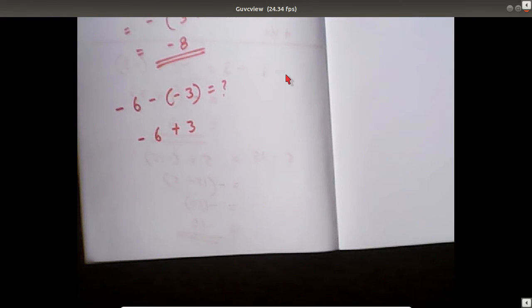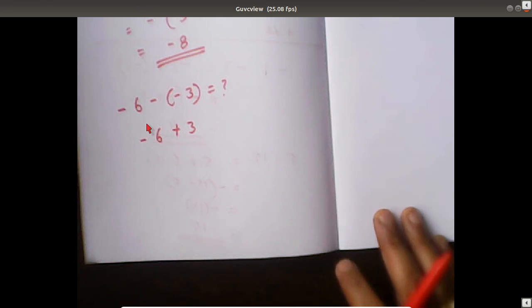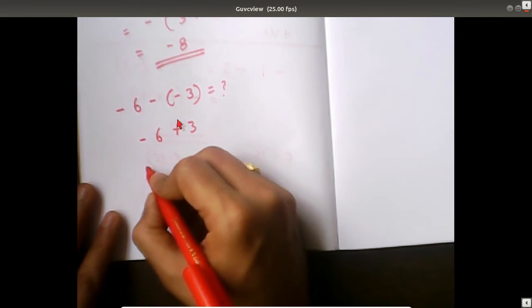And why is this so? Remember, we did our multiplication, right? In multiplication, minus into minus is a plus. So what is actually happening here is, this minus is getting multiplied with this minus. And this becomes a plus.